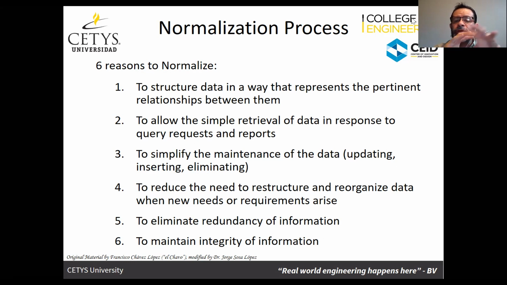Also, as we mentioned, to allow simple retrieval of data in response to query requests and reports. Because in the end, what we want to generate is information. How do we generate information? We've got the data in the database organized in many tables, and we want to be able to do queries where we ask for specific information.